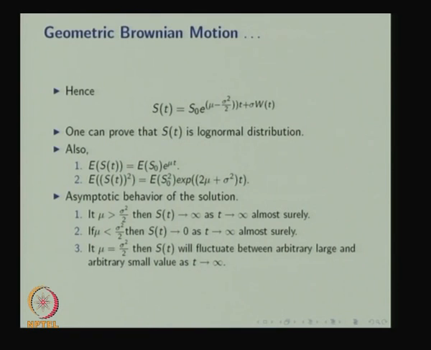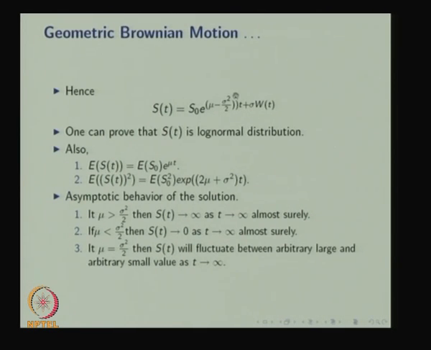One can prove that S of t is a log normal distribution, because Wt is a normal distribution with the mean 0 and the variance t, and this is of the form e power mu minus sigma square t plus sigma times Wt.